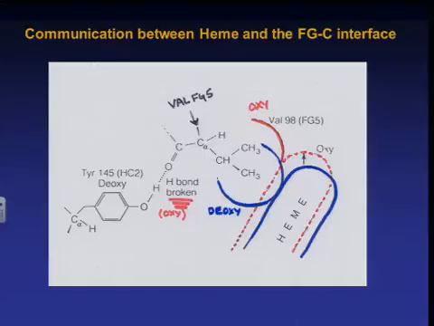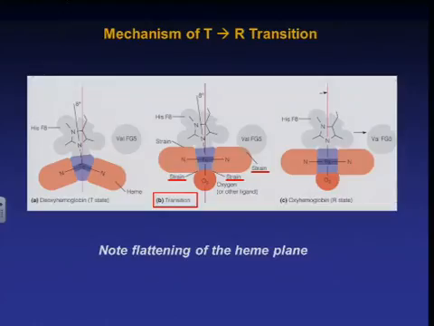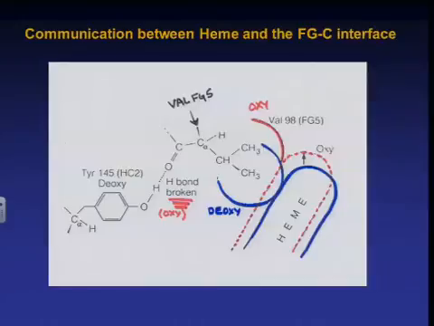So you basically are going to break a hydrogen bond as this valine 98 moves, all right? This valine moves, and what that does is it causes a hydrogen bond to be broken, and as that is broken, then that starts to destabilize the structure, and it starts a cascade of events.